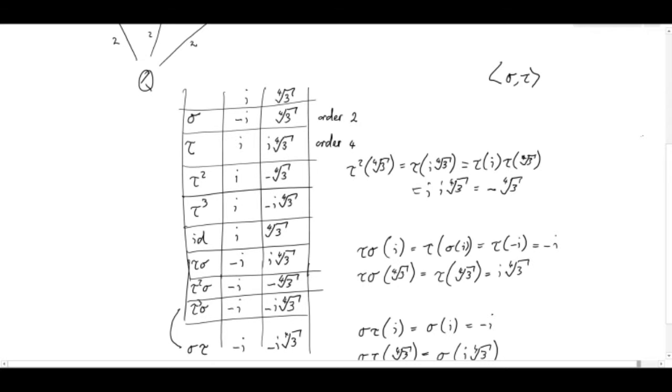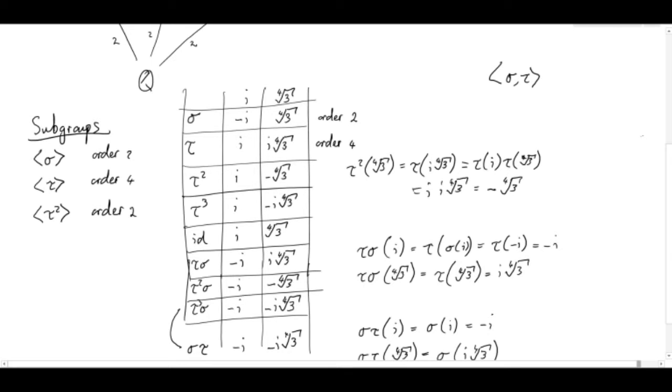Well, let us list a few of them over there. So we've got the group generated by sigma. We've got the group generated by tau. So this has order 2, order 4. We've got the group generated by tau squared. That has order 2. See if you can fill in the rest of them.